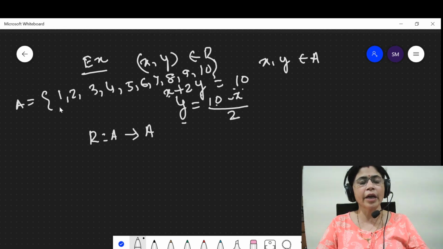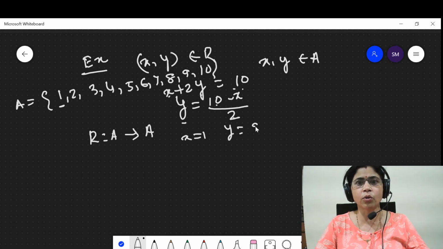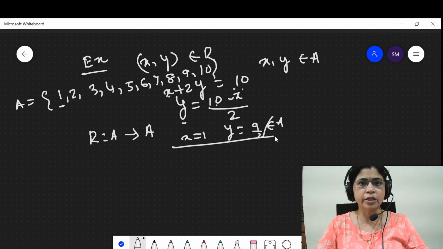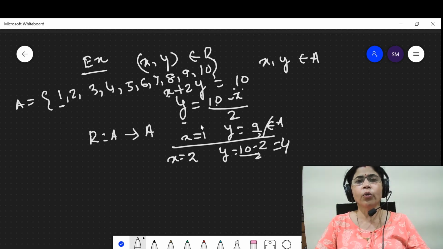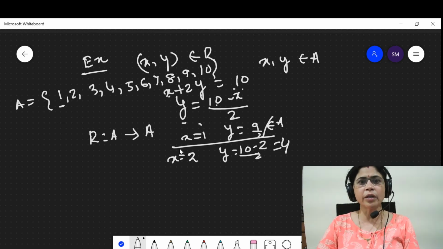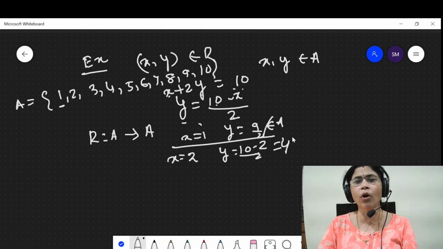If we take x equal to 1, then y is equal to 9 by 2, which is not an element of A. Then this is not possible. When we take x equal to 2, then y is equal to (10 minus 2) upon 2, which is equal to 4. This means when x is an odd number, we cannot find the value of y which belongs to A.